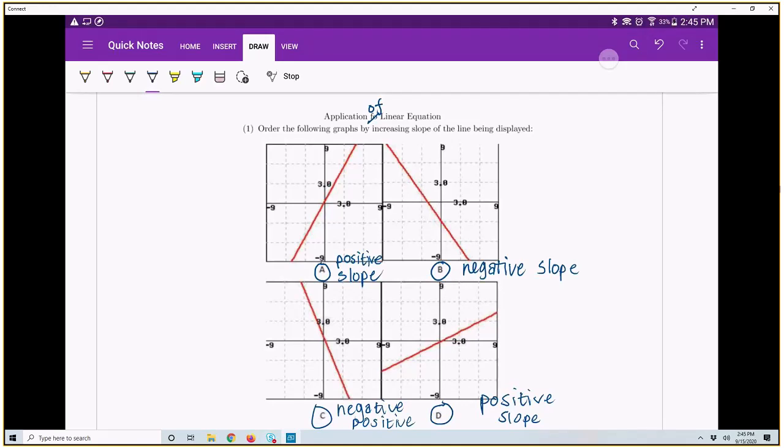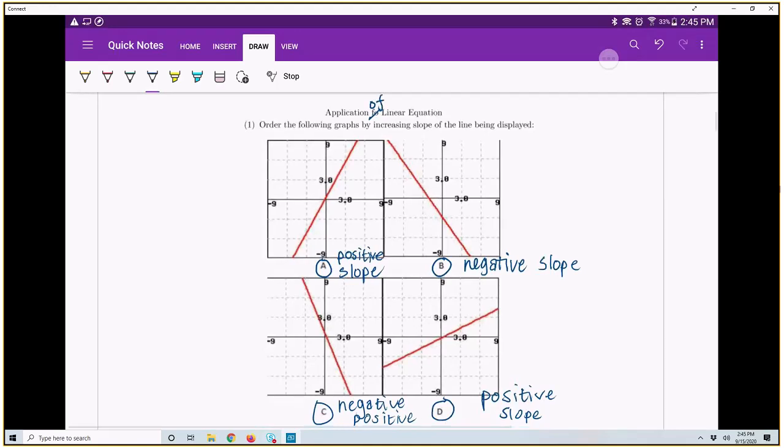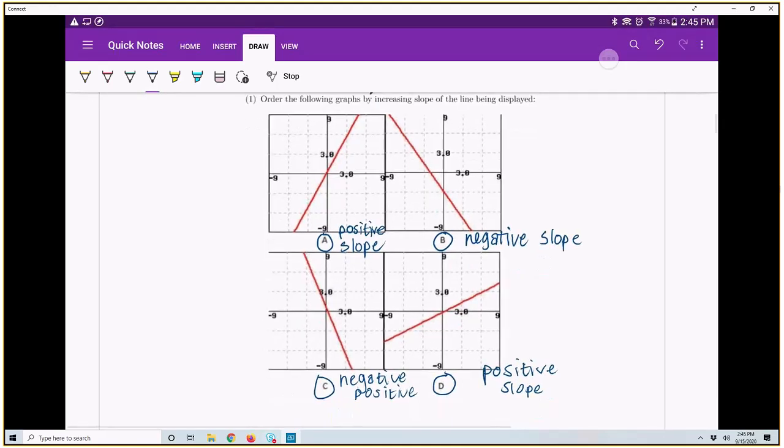So if we compare graph A and graph D, graph A is clearly steeper. It's increasing faster, so it has a larger positive slope than graph D. Otherwise, if you look at B and C, C is decreasing faster. It has a steeper line, steeper slope, so C is more negative than B.